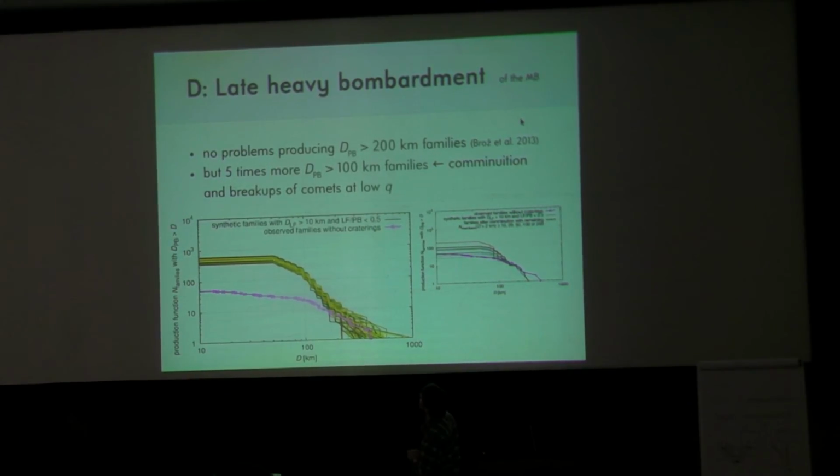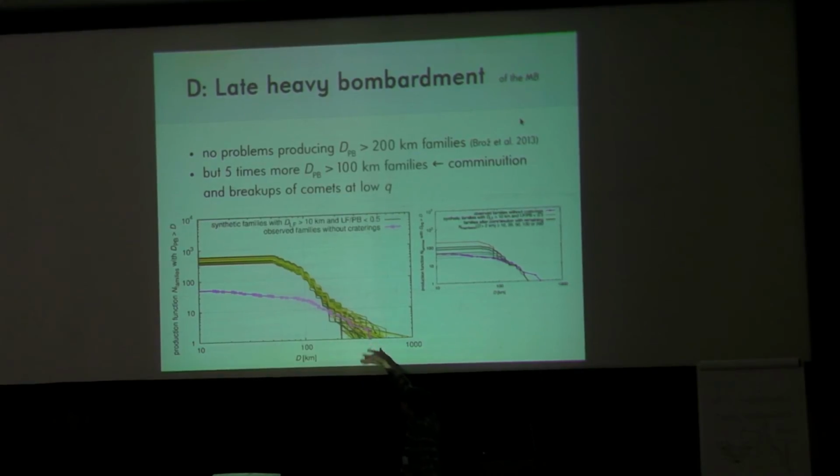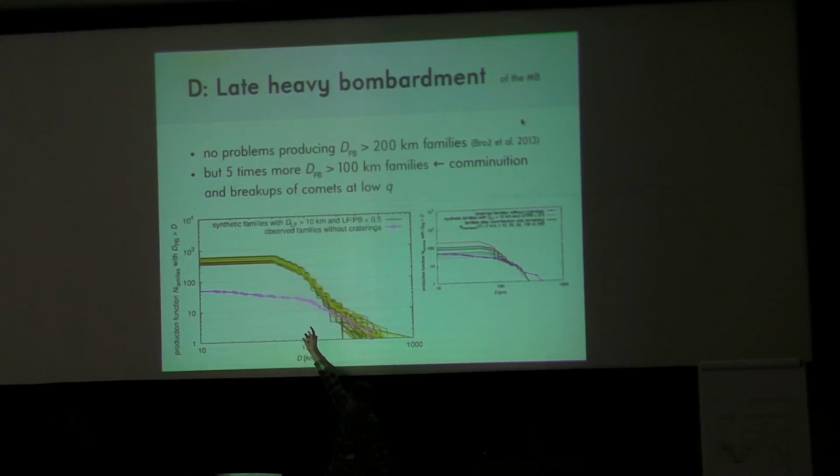And we tried to bombard it with comets, and we end up with the blue and black curves. You see the curves are very diverse because the model is stochastic. It's useless to compute one simulation. You have to compute at least 100. And then there is a huge mismatch at 100 kilometers. The mismatch is a factor of 5.